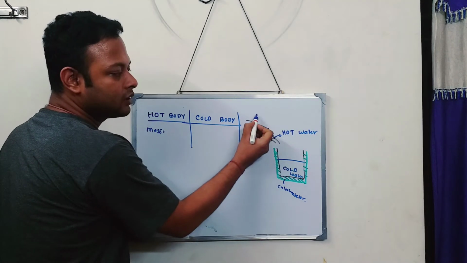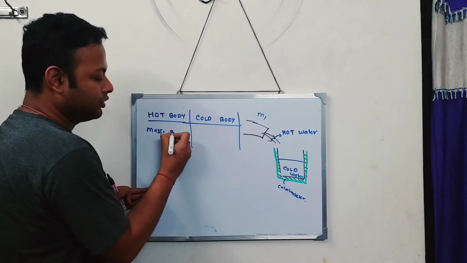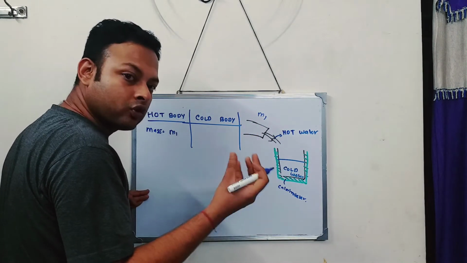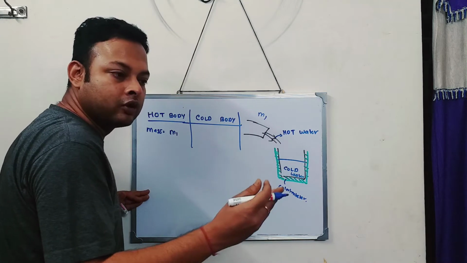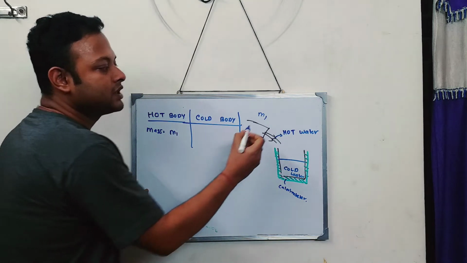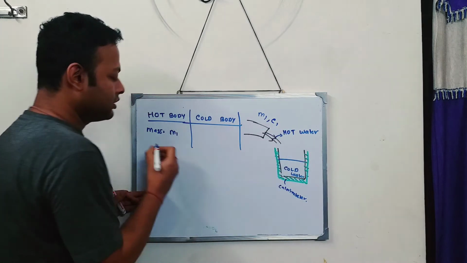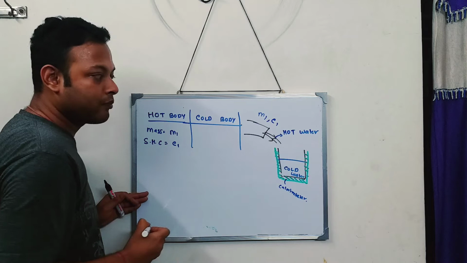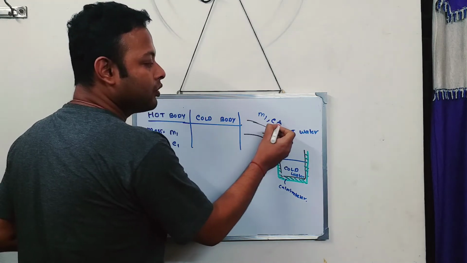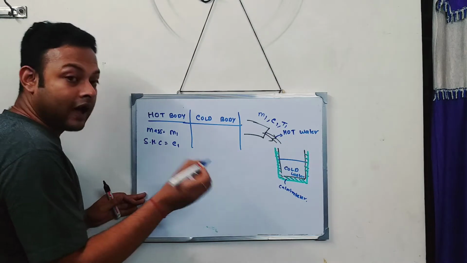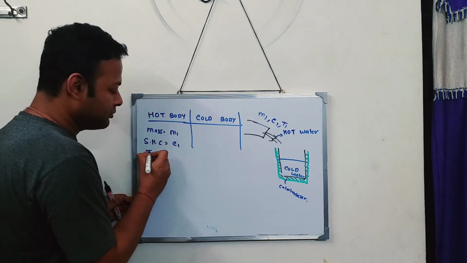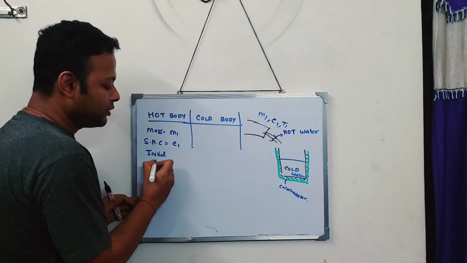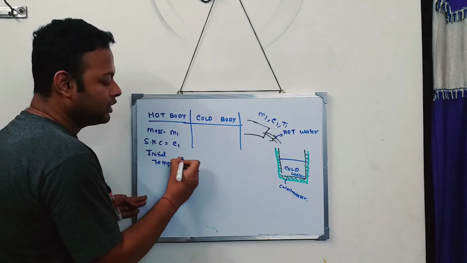Suppose this hot body has a mass of M1. The specific heat capacity, which every substance has its own, as I have explained previously, of this body is C1. And the temperature of the body is T1. So I will consider the initial temperature of the body as T1.